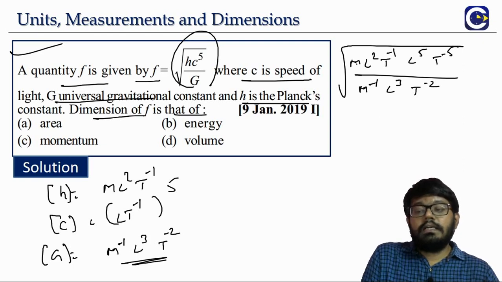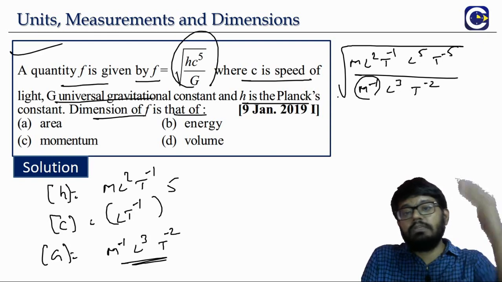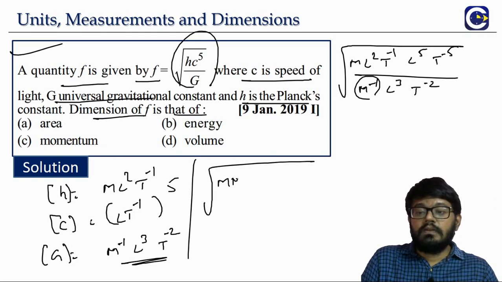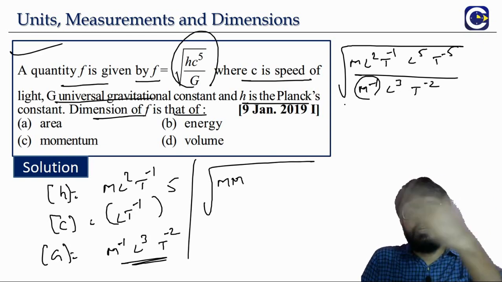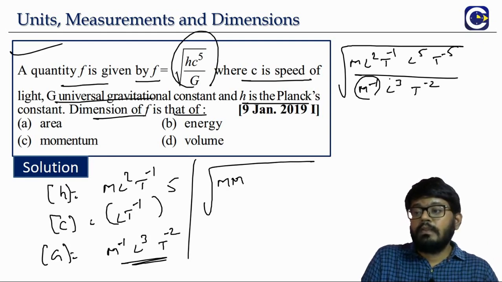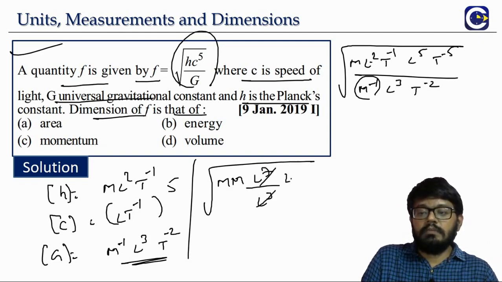Already there is an m in the numerator; taking m power minus 1 from the denominator to the numerator, it becomes plus 1, so one more m comes. l square into l power 5 is l power 7. l power 7 by l cube means net l power 4 will remain.